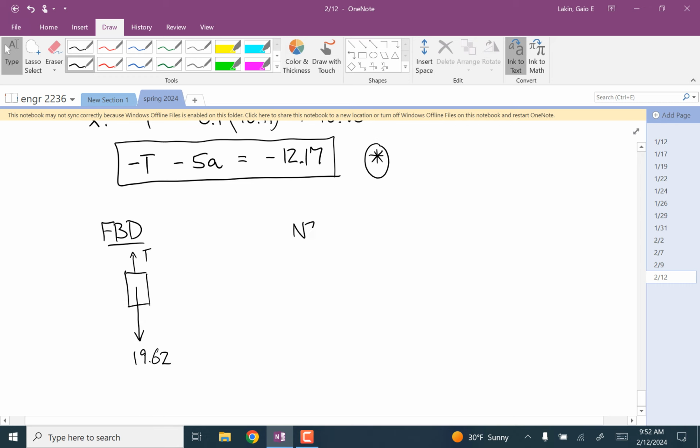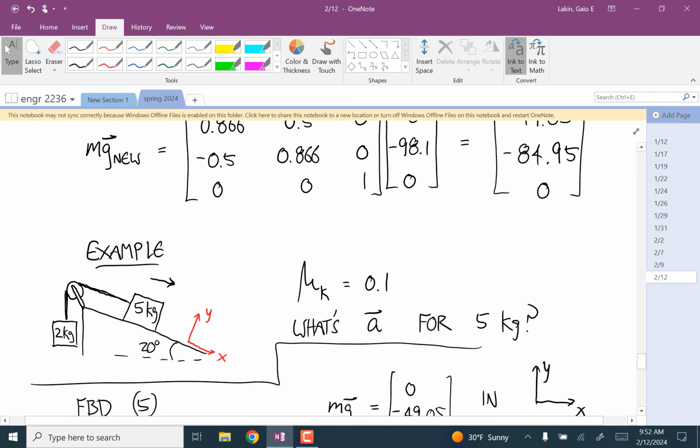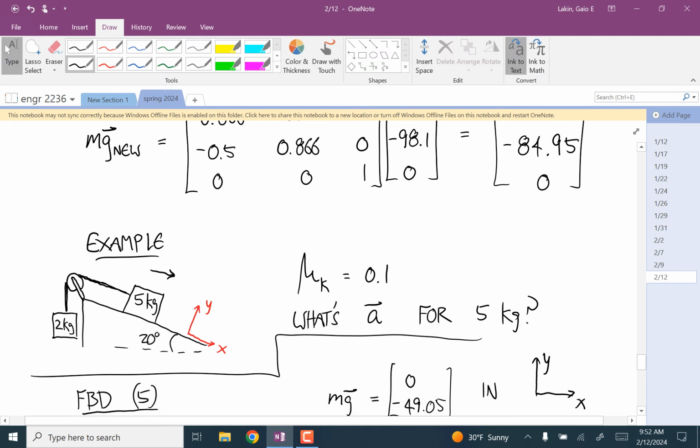So Newton's second law says 0, T plus 0, negative 19.62 is equal to 2 times. Now you have to think about the relationship. If this 5 moves an inch in its positive direction, where does the 2 go? Don't get this wrong. This one goes opposite of what it did last time because I have them flipped.